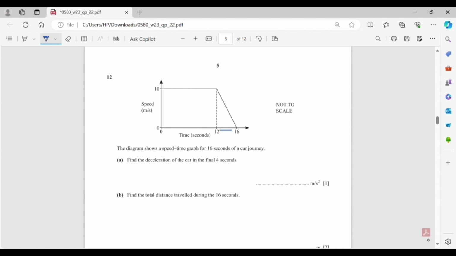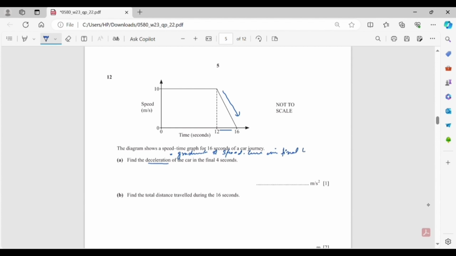So deceleration will be equal to the gradient of the speed time graph in the final 4 seconds.